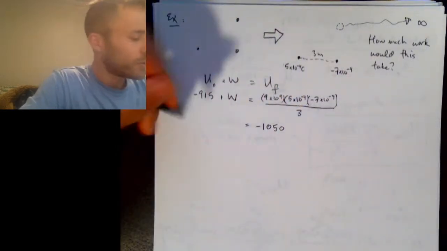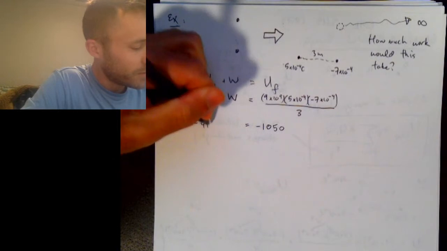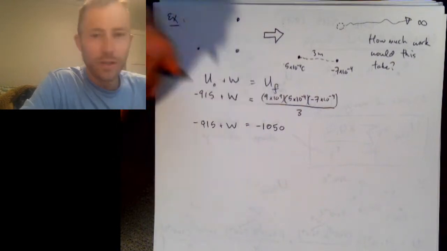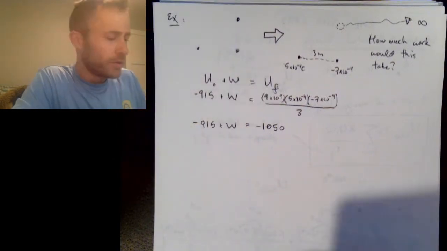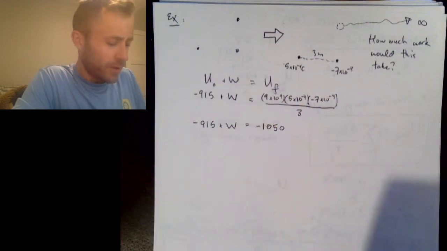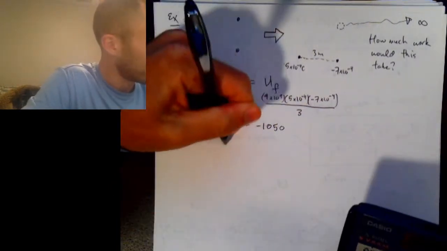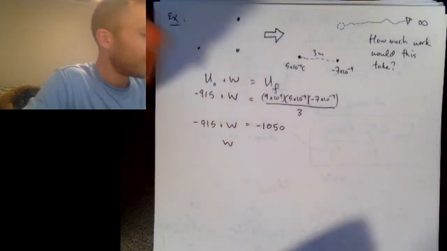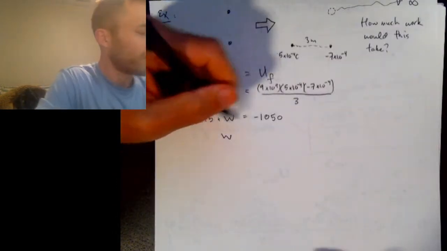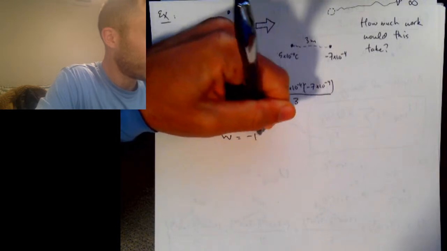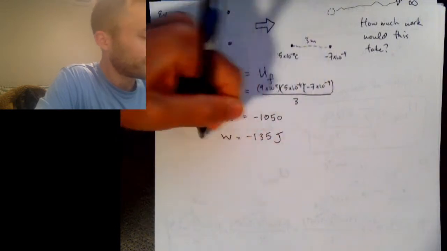So I have negative 915 plus work equals negative 1050. Then I add 915 to the other side, and I get that the work required to remove this charge is negative 135 joules.